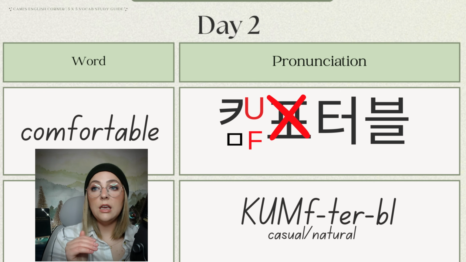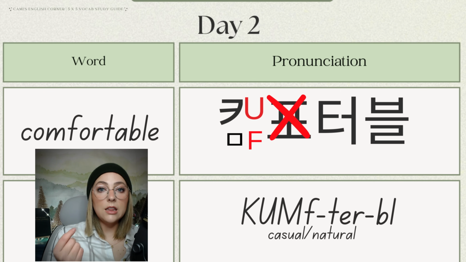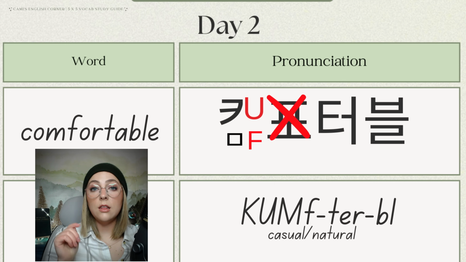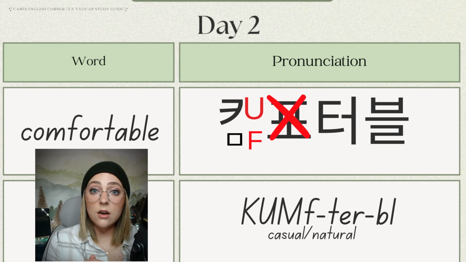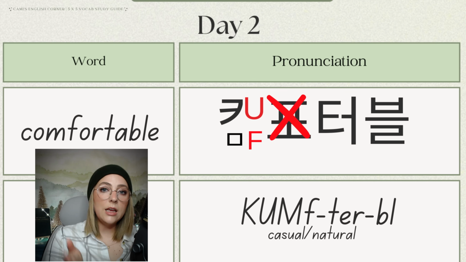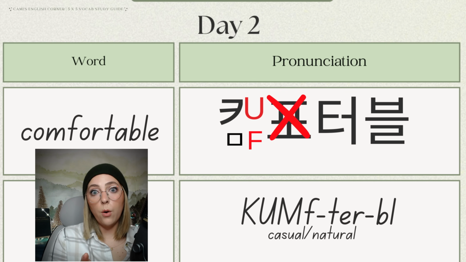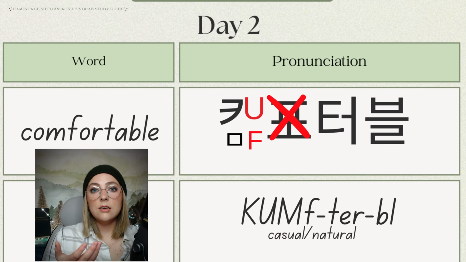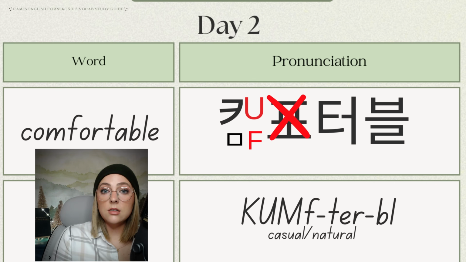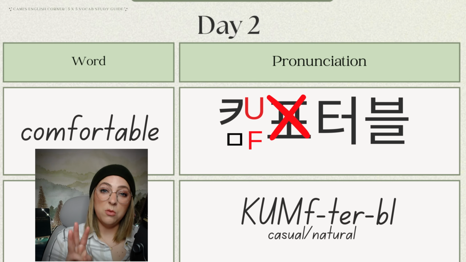So you'll see here that we have added the English U and the F. So now the first syllable is comf, comf. Now, because we added those, I'm going to completely take out that second syllable of po because it's not correct. And in the natural way to say comfortable, there's only 3 syllables.